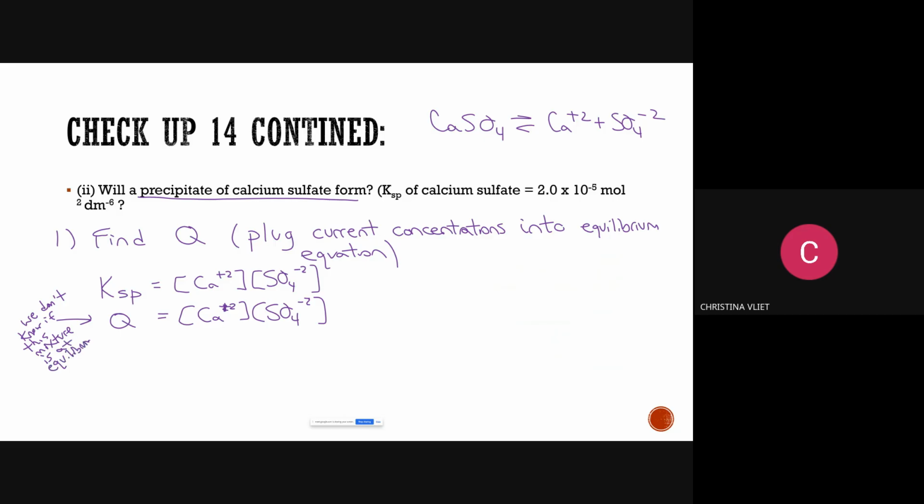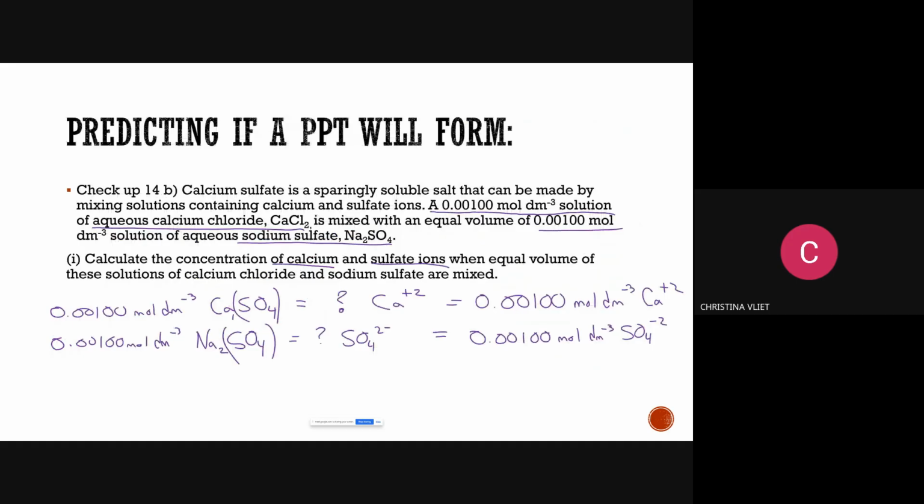We just mix two things together and want to see what that will give us. That's what Q represents. The math to find Q is the same as to find K. But in other questions, we know that these were equilibrium amounts. Here we're just saying, I throw these two things together. Is it going to make a precipitate? Yes or no? You see the difference? Yes. I don't get it.